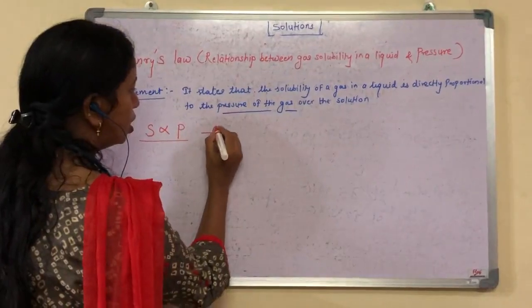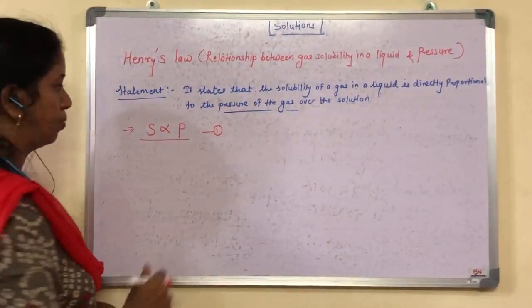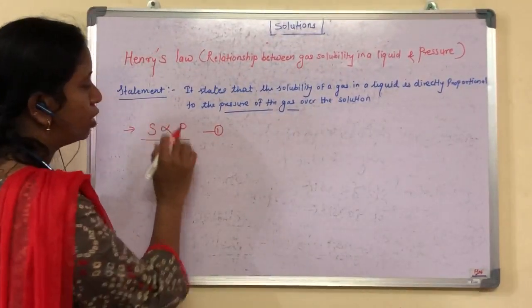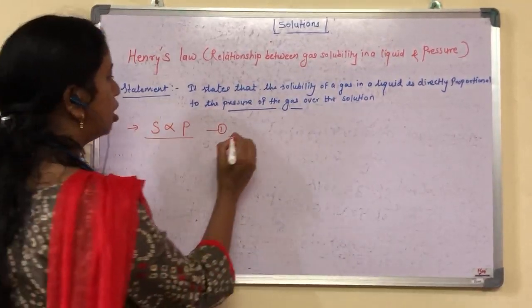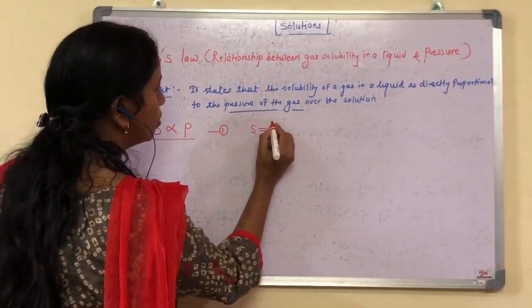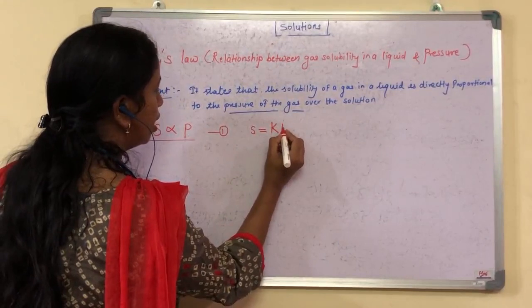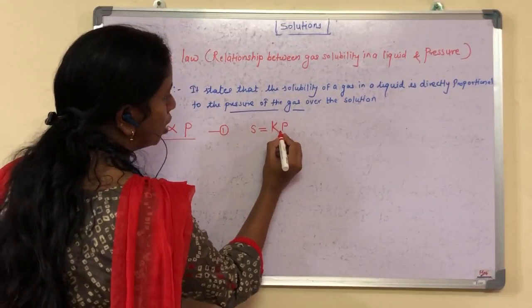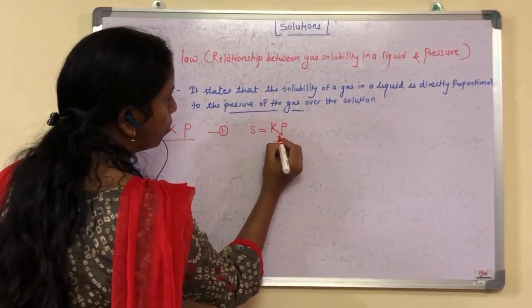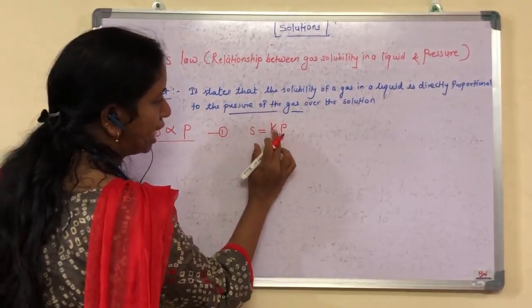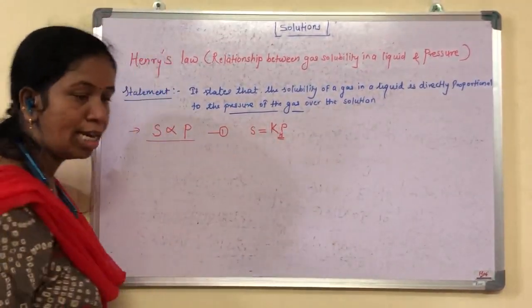If we give this as equation 1, then removing the direct proportionality sign, we write S = K_H P. K is nothing but the proportionality constant, given as K_H, where H is for Henry's constant.